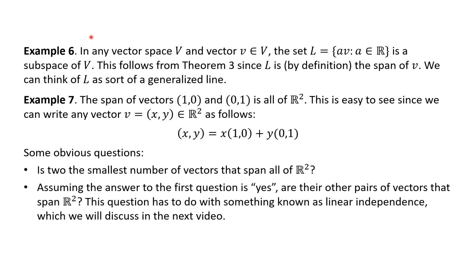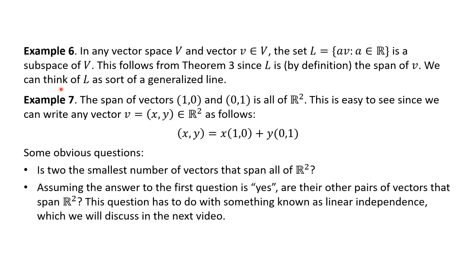We have a couple more examples before we close off this lesson. In any vector space V and vector v in V, the set L equals a times v, where a is any element of the real numbers, is a subspace of V. This follows from Theorem 3 since L is by definition the span of v.